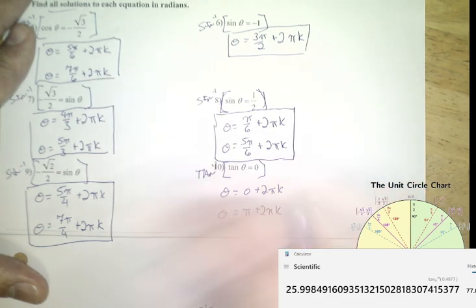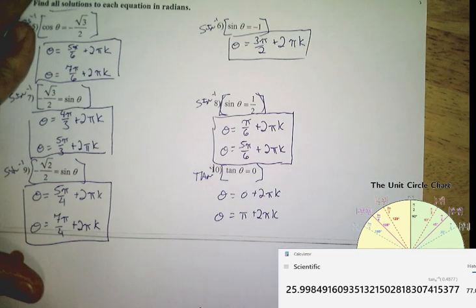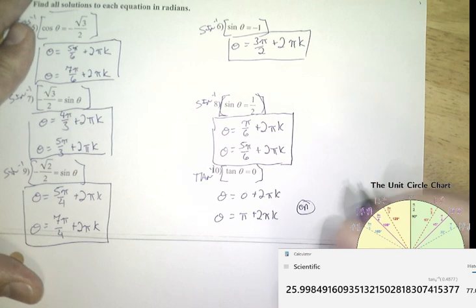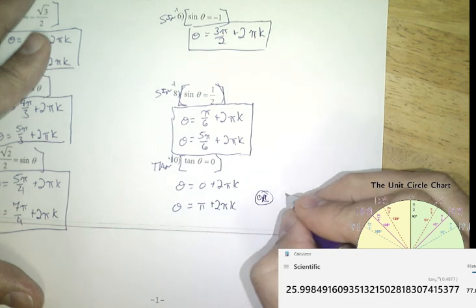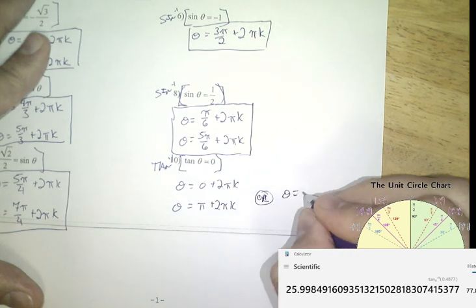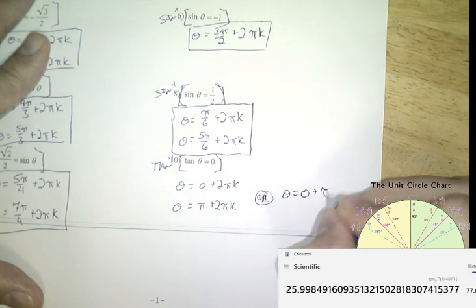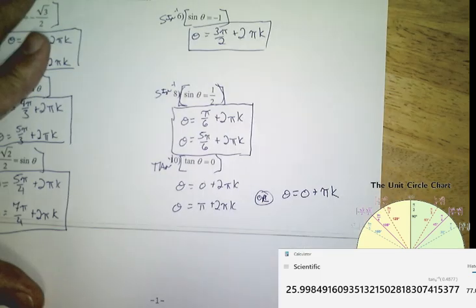That's where tangent is equal to 0. Or if you want to write the simplified version, that is totally fine too. The simplified version is theta is equal to 0 plus pi k, or just pi k.